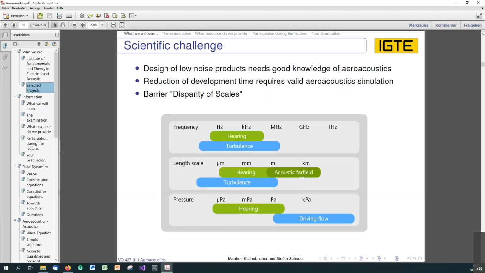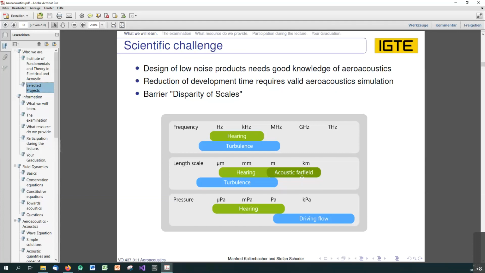So typically a turbulent scale, name it L, and the acoustic wavelength are proportional by the inverse of the Mach number.